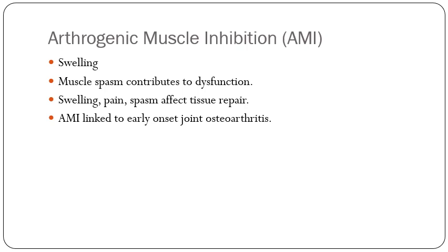The other thing is arthrogenic muscle inhibition is linked to early onset joint osteoarthritis. So individuals who have had injuries to a joint, particularly repeatedly, and experience this, there's stagnation that could occur in their movement. They could possibly develop, again, long-term joint damage. So the idea is restoring movement as early as you can.